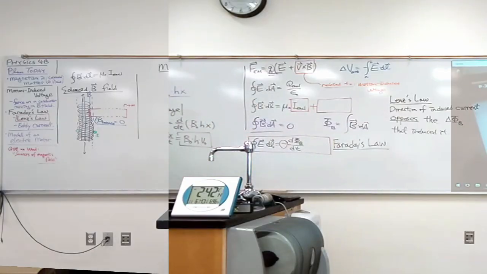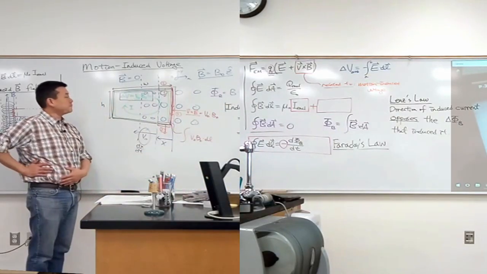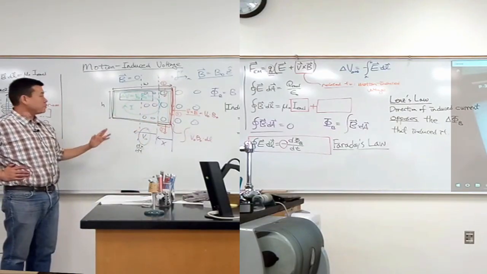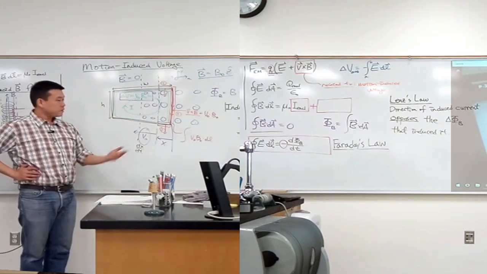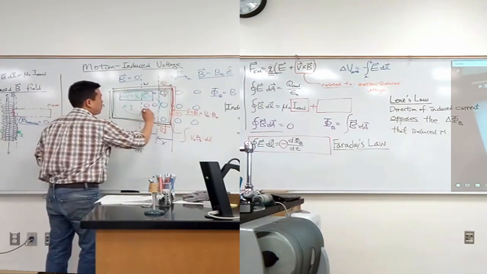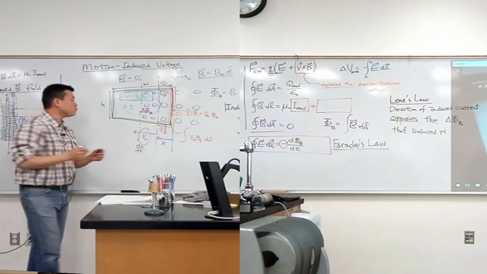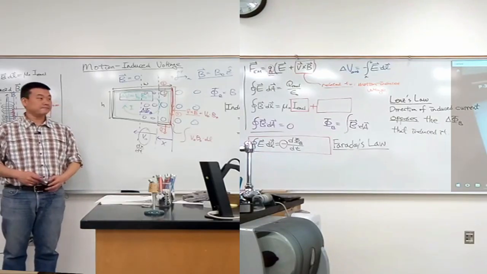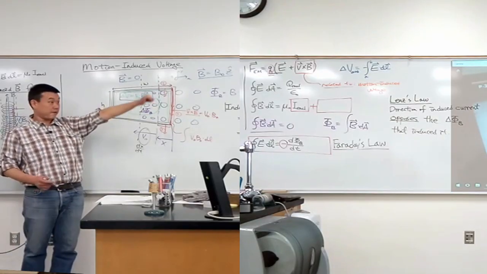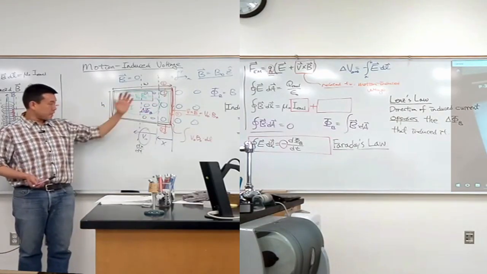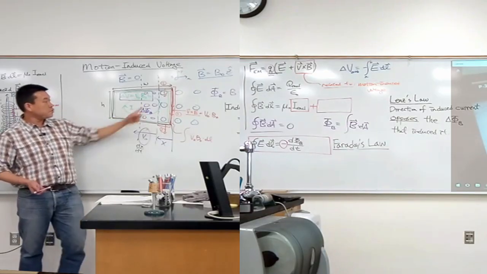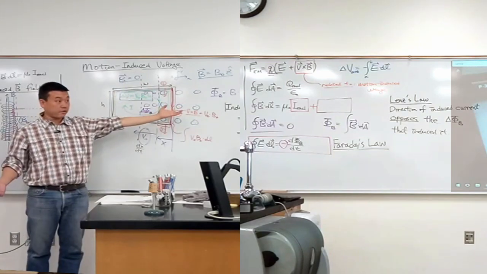So let me illustrate what I mean here. As this boundary moves to the left, when you look at the direction of change of magnetic flux, what direction would you say magnetic flux is changing, if you treat magnetic flux like a vector-like quantity? Coming out of the board more, right? Okay, so that's the change in magnetic flux. What Lenz's law tells you is that the induced voltage around this loop is going to generate a current.